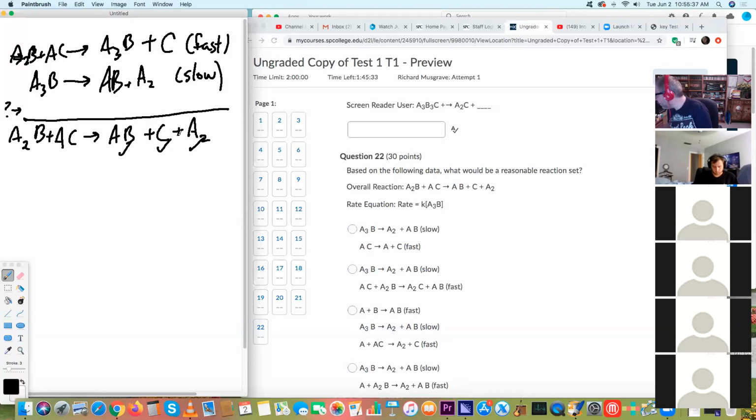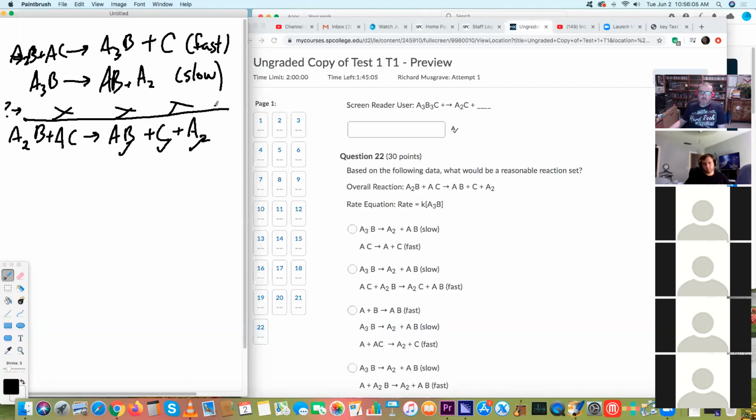And what do you know? I've got the whole thing done. I don't need this step at all. So I would look for that specific reaction set in the list that's below, and then I'd hopefully find it. Does anybody have any questions?